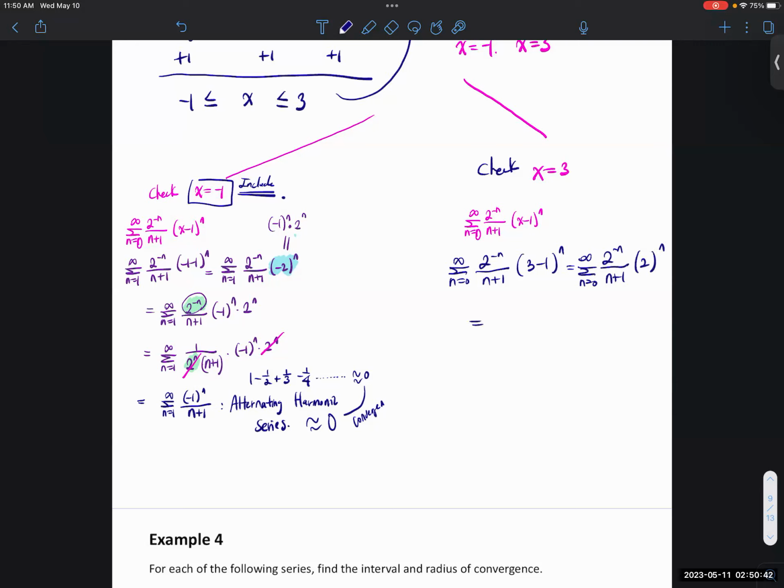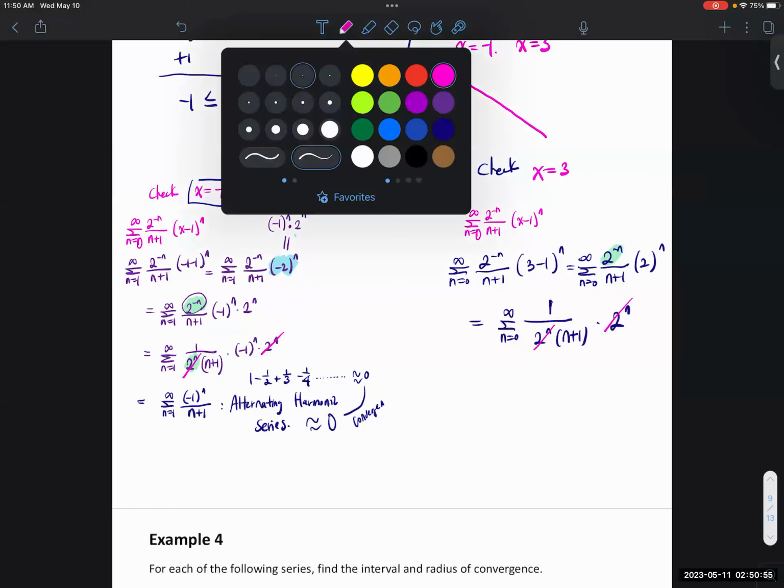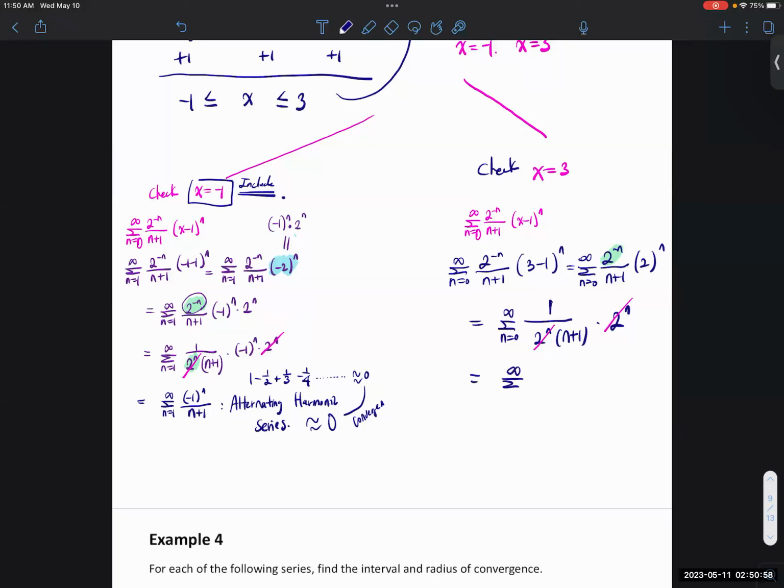I can take the reciprocal of 2 to the negative n, and it cancels with 2 to the n. Therefore, the sum from n equals 0 to infinity of 1 over n plus 1. Watch me. As n increases, this is 1 over 1, 1 over 2, 1 over 3. They're getting larger and larger.